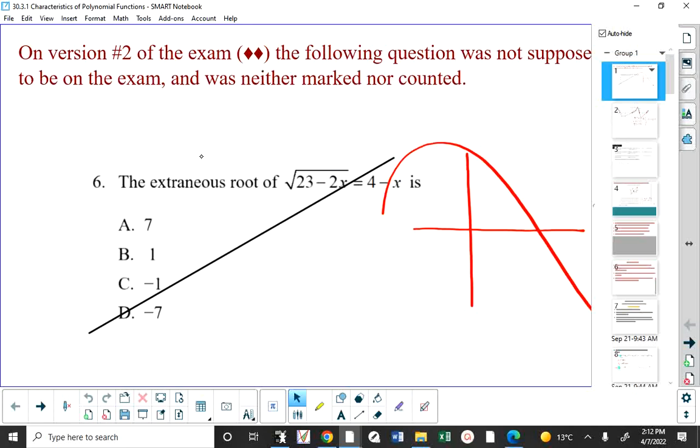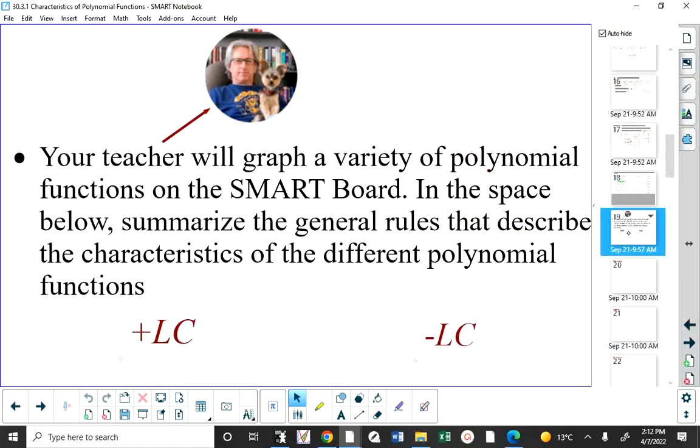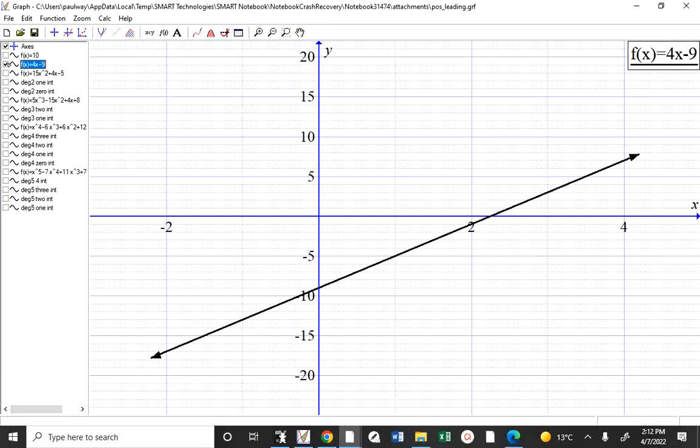So if I have a function like y equals 4x minus 9, if I put it equal to 0, and everybody's going to benefit from this.